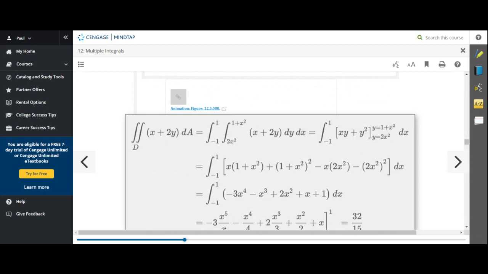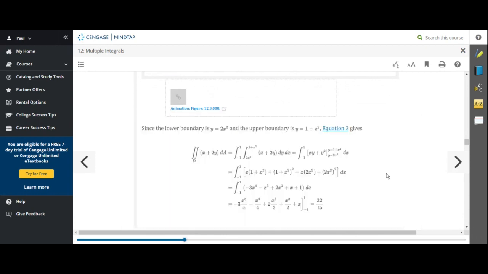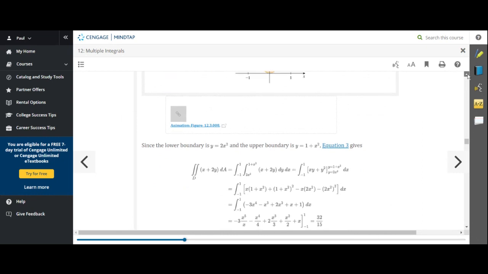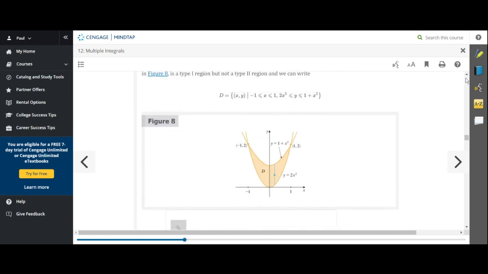So your top function, your top parabola, again, if we go back to the picture, I want to make sure I'm not moving too quickly here. Here's the picture, figure 8.